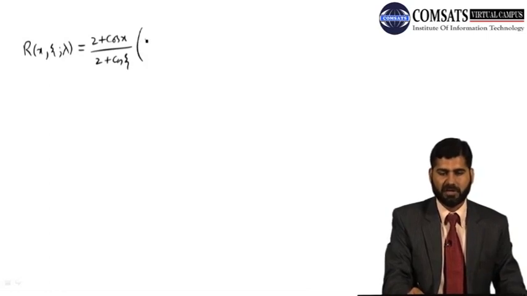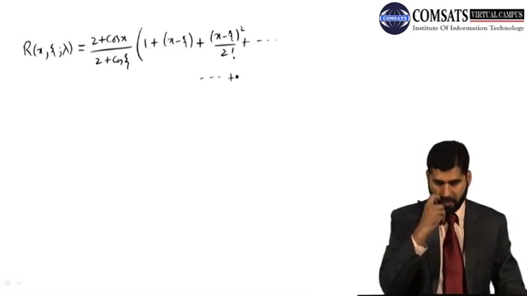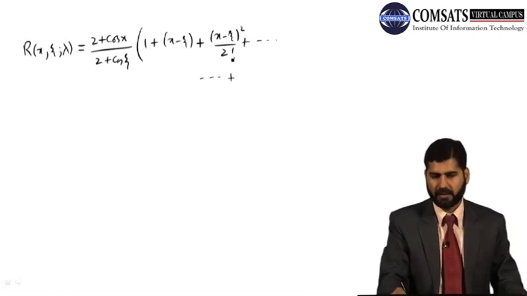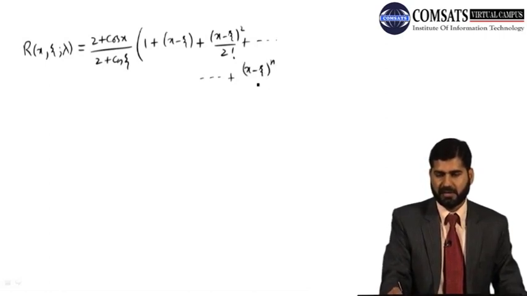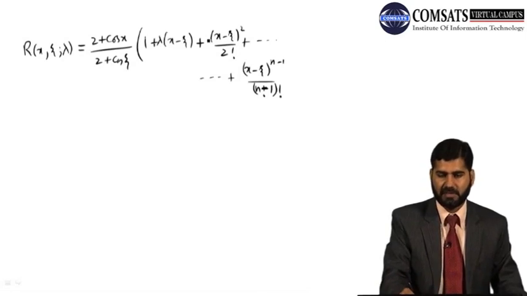This is common, so 1 plus lambda (x minus xi) plus lambda squared (x minus xi) squared by 2 factorial plus so on, up to lambda to the n minus 1 (x minus xi) to the n minus 1 over (n minus 1) factorial. All right, and we have lambda as well. Here it's lambda squared, it's lambda to the n minus 1. So this is what you are getting.